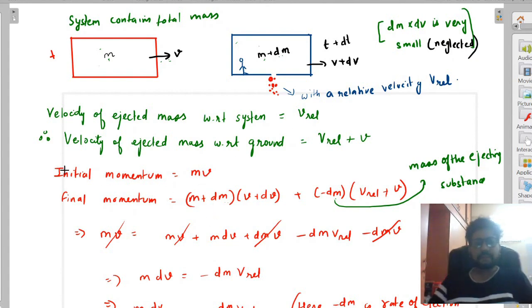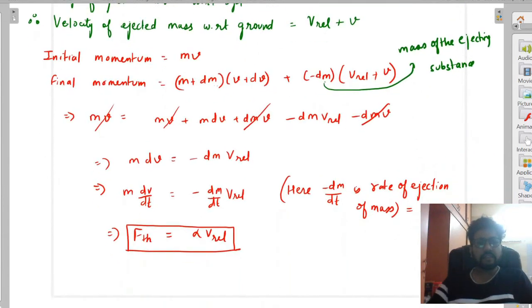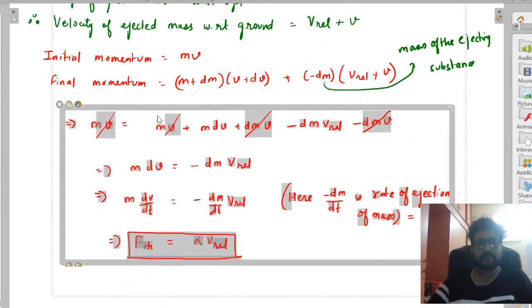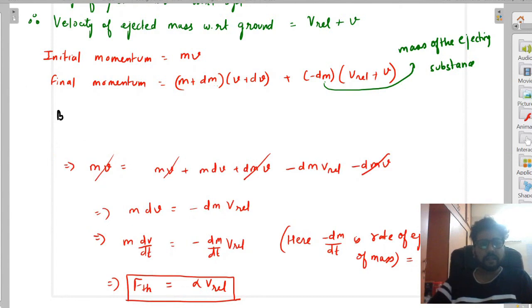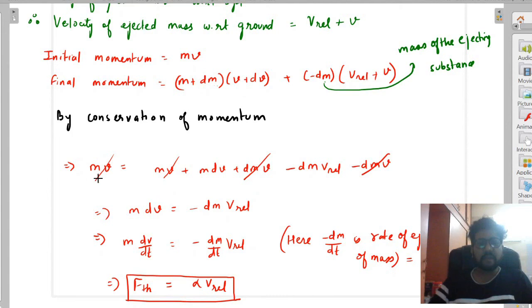So now the initial momentum mv has to be equal to the final momentum. By conservation of momentum, the initial momentum is mv, and the final momentum is mv plus v dm plus m dv plus dm dv, minus dm v relative minus dm v.